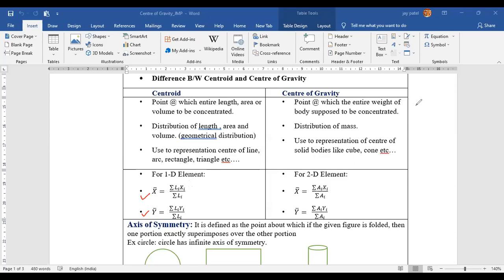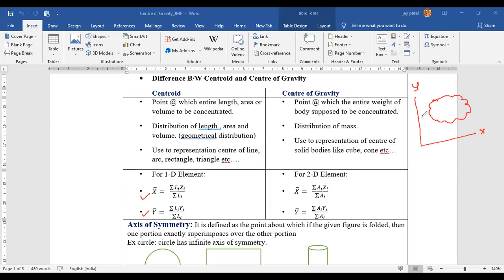Now, what is xi? As we have discussed, suppose this is your x-axis and this is your y-axis. This is your body. I have considered a random shape of body.